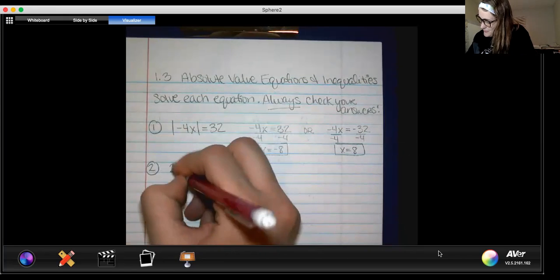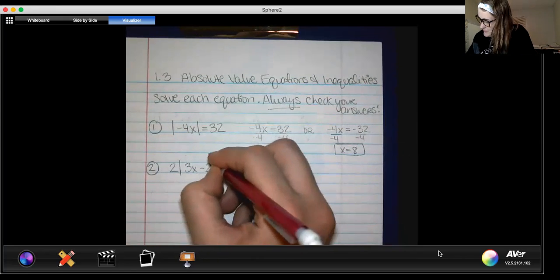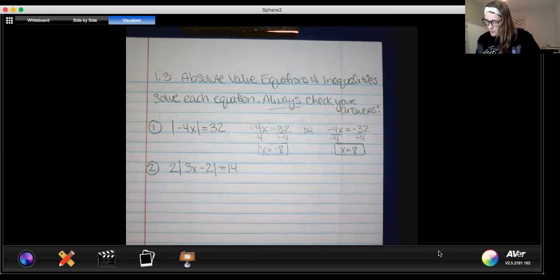2 times the absolute value of 3x minus 2 equals 14. Now it is important to note that anything that's outside the absolute value should never be distributed when you are solving for the variable. When you're checking, you can do that, but when you're solving for the variable, you cannot distribute.